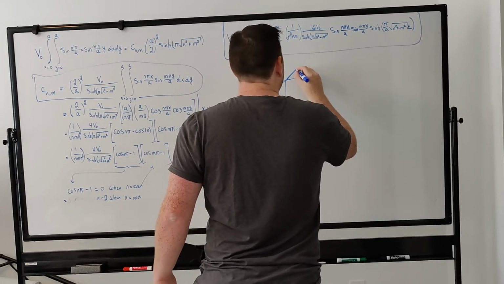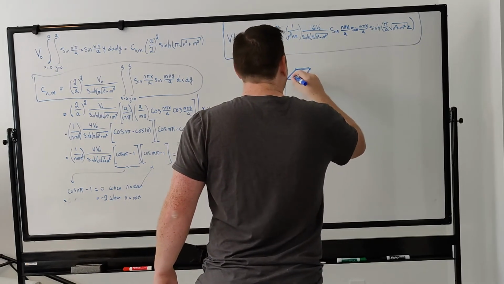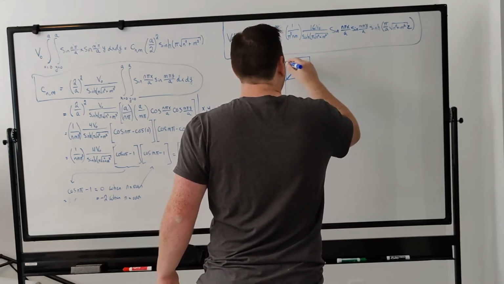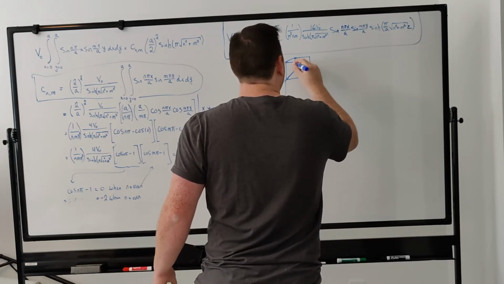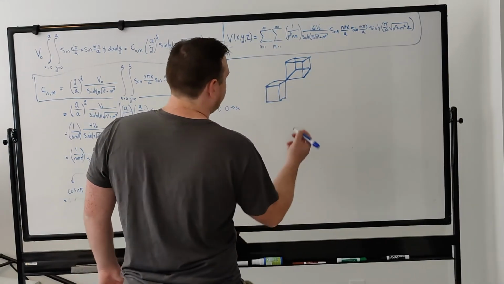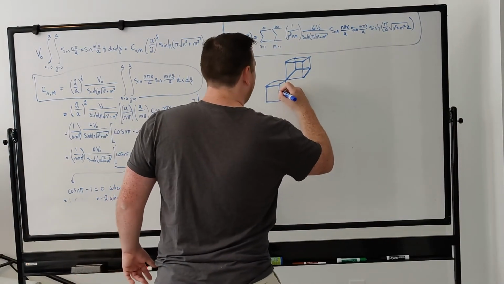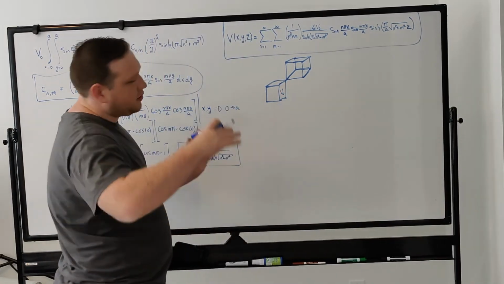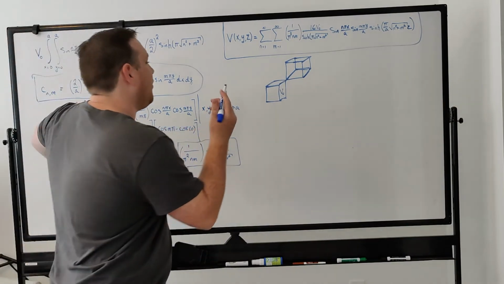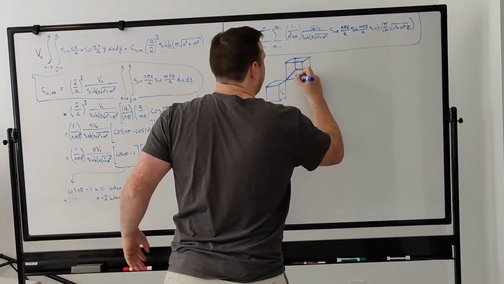I'm going to maybe try to draw it here. Let's see. So imagine this face had a potential V naught. You could orient the cube. You had 6 of those cubes, and you could orient them however you want.